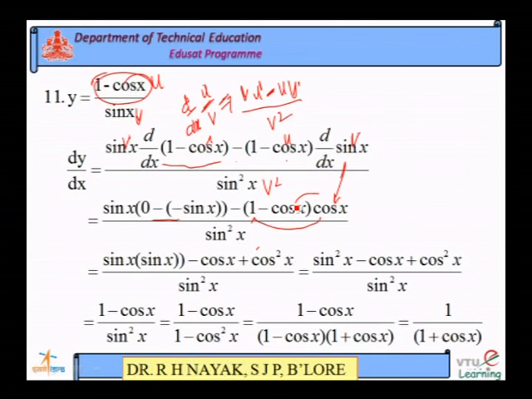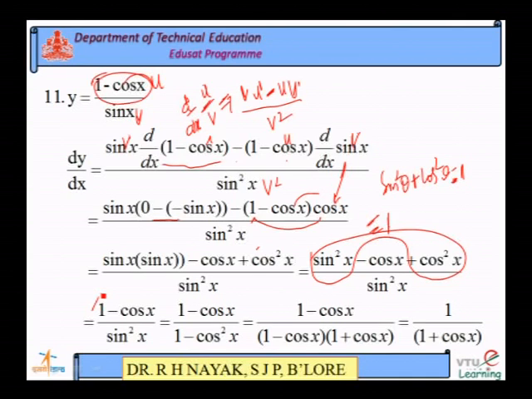This sin square x plus cos square x is taken as 1, because sin square theta plus cos square theta is always 1. Based on that, we get (1 minus cos x) divided by sin square x.